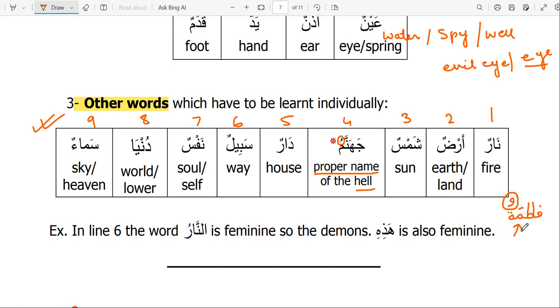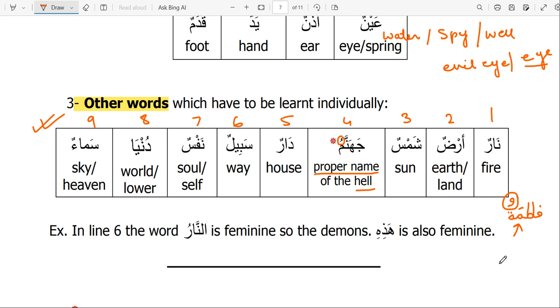There are other signs in feminine nouns. I just forgot to give you the other signs also. I've repeated them so many times in the lessons. Just now I remembered. The other signs of femininity: the first one is ta marbuta.